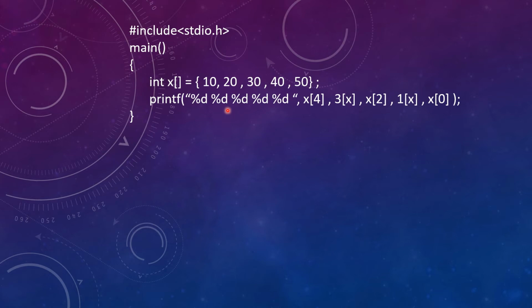It is not feasible for a human being to declare millions of variables, correct? So in those cases you can declare an array of that particular type. Suppose your data is of integer type, so you need an integer array of 1 million size. So this is the reason why you need to use arrays.